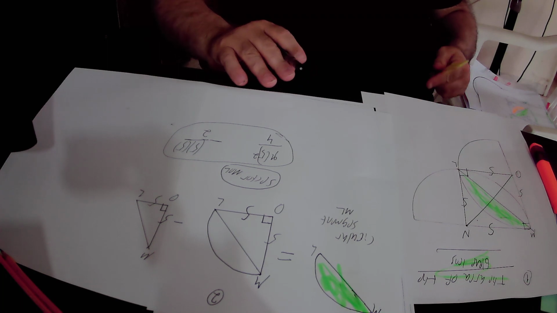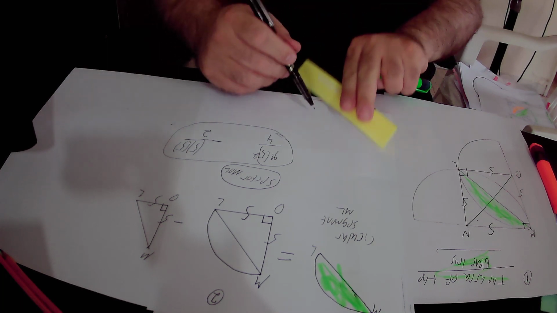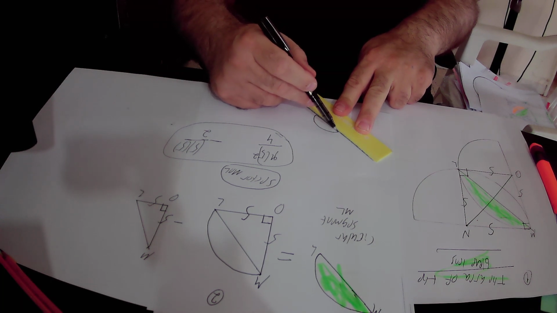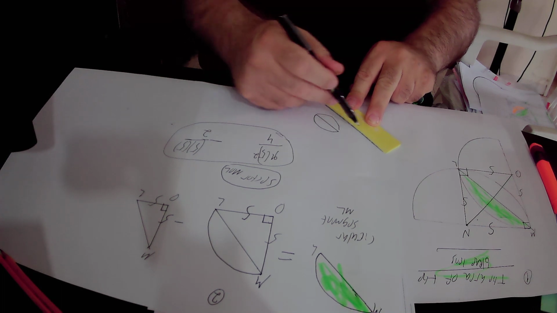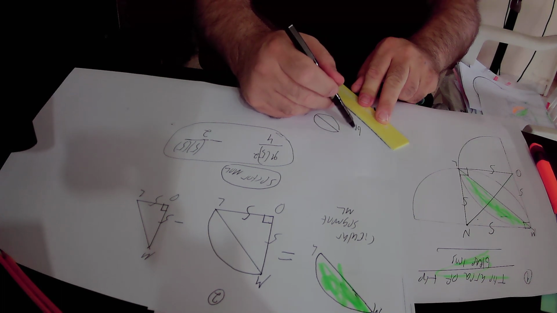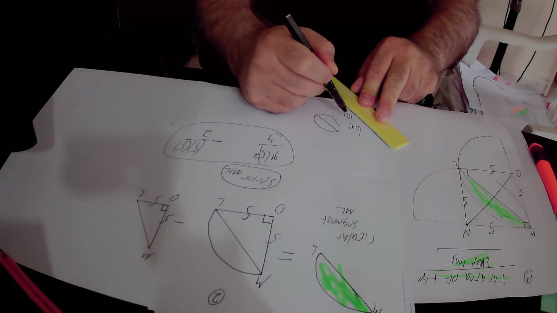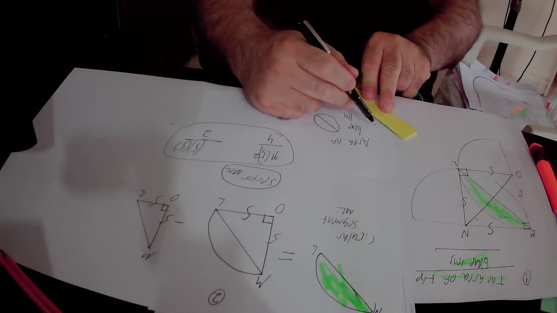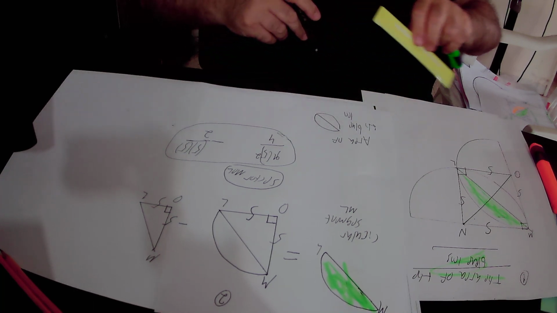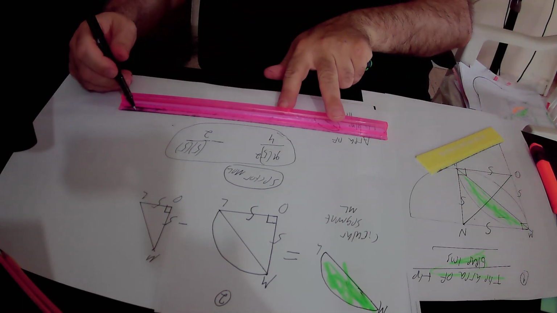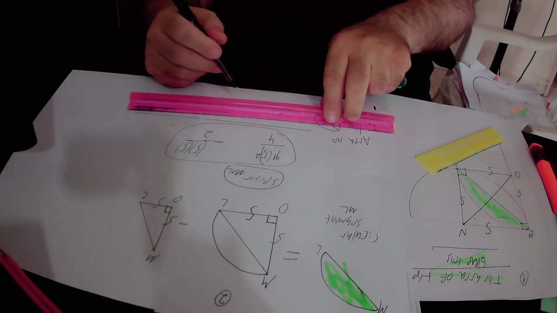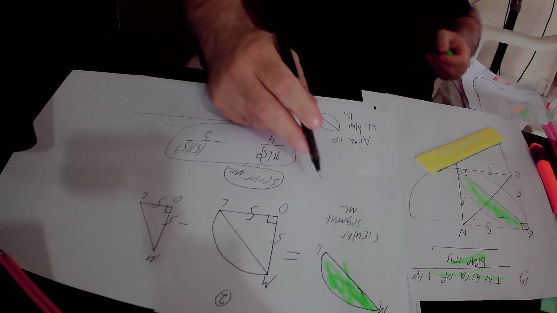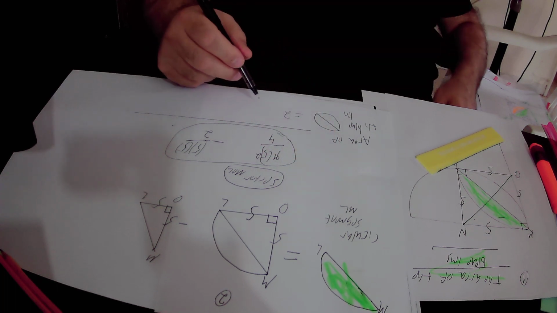Okay, so here, the area of the blue lens, this is the blue lens, the area of the blue lens will be equal to 2 times the area of circular segment ML.